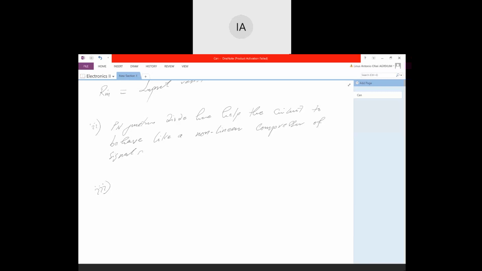Now, if the diode were open, the resistance in the circuit is infinite. So the gain would be infinity. It will be negative infinity. So note that.